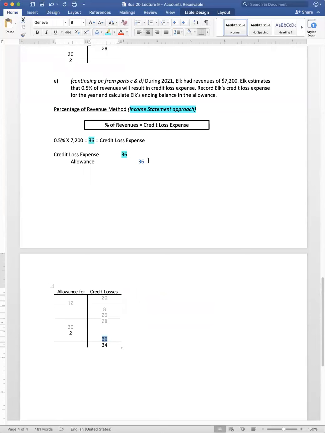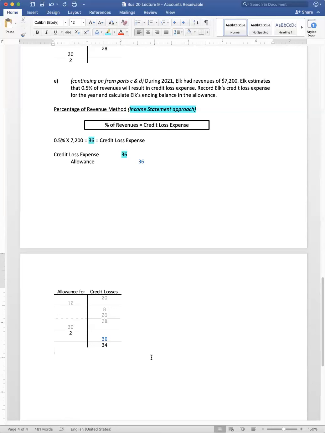I'm calculating the amount in the journal entry first. And based on that, that tells me what my total is going to be in the allowance. So am I calculating this number first, the expense, or am I calculating this number first, the allowance balance, the total? Okay. That's the difference between the two methods.